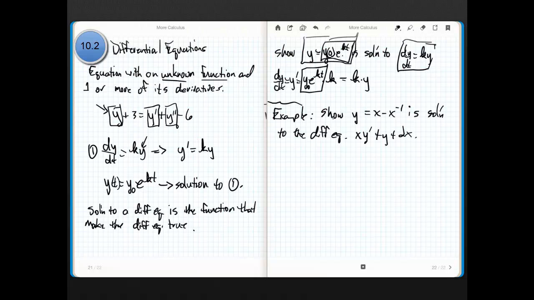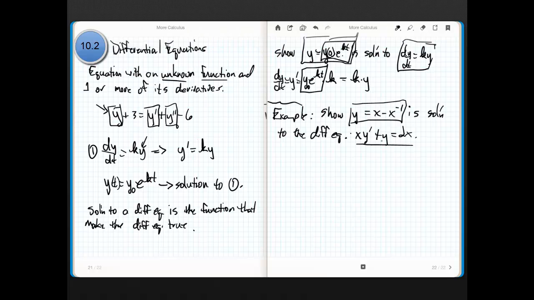Okay, fair enough? So I am claiming that this function is a solution to this differential equation. This is my differential equation right here. Whoa, did I say plus 2x? I'm sorry, that's supposed to be equals 2x.